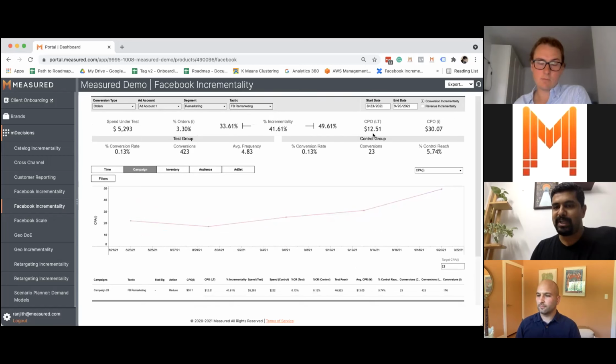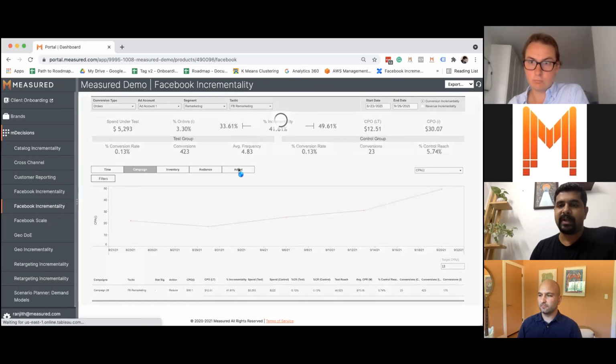What does that mean? It means that if you are looking at the Facebook platform reported data, for one transaction you'll pay $12.51, but for an incremental conversion from Facebook remarketing, you'll end up paying $30.07. So it's a bit on the costlier side with respect to the target you have set for yourself.